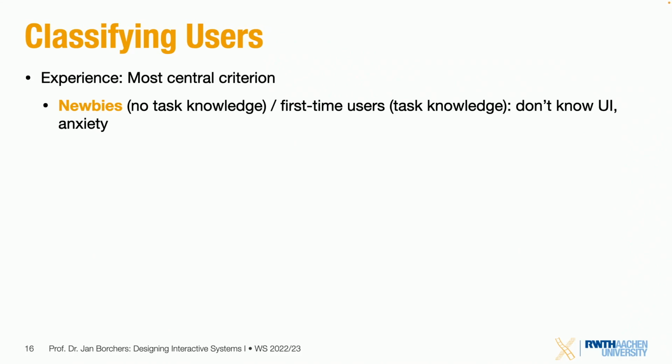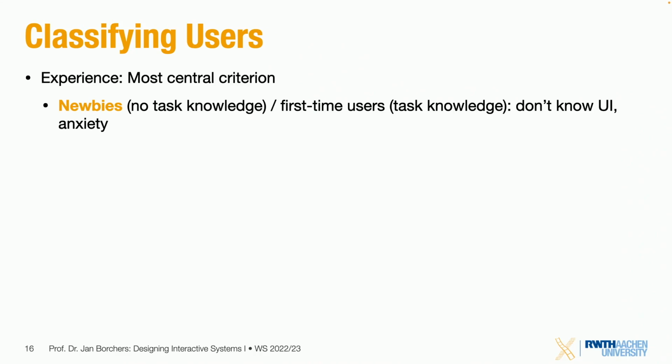For example, somebody who comes to the Deutsche Bahn ticket machine in the railway station for the very first time in their life. They've never seen it, right? That would be a first-time user. And they don't know how this thing works at all. Or first-time users could be people who don't know the UI in general, and so they have a certain amount of anxiety to make mistakes, right?